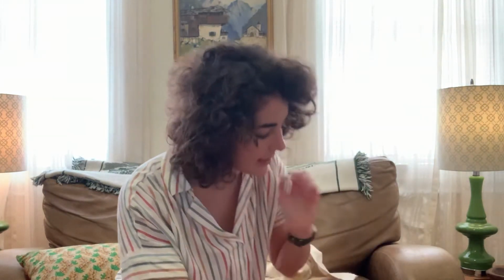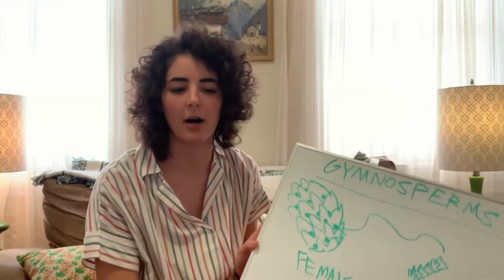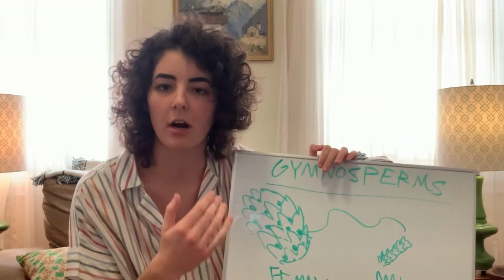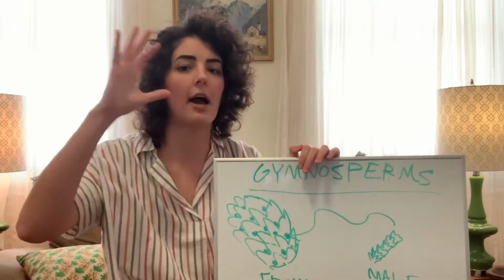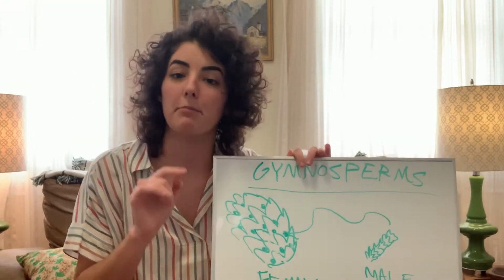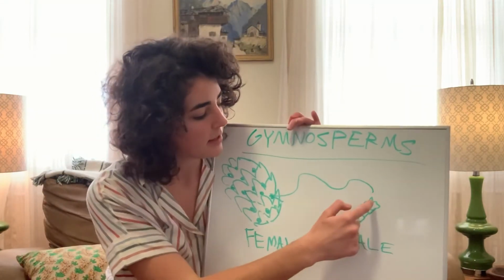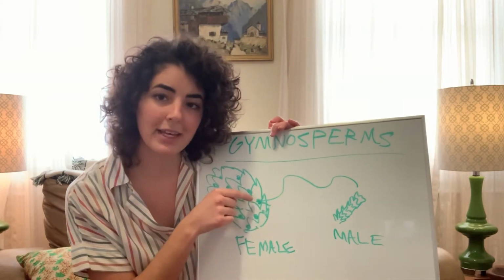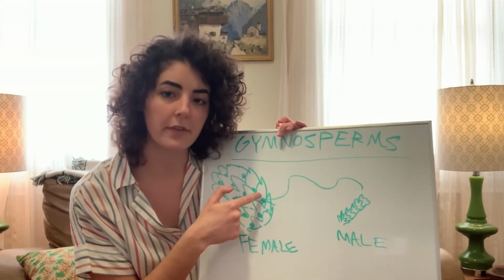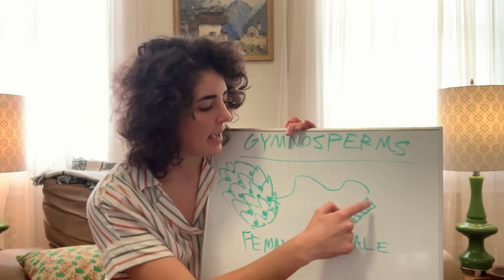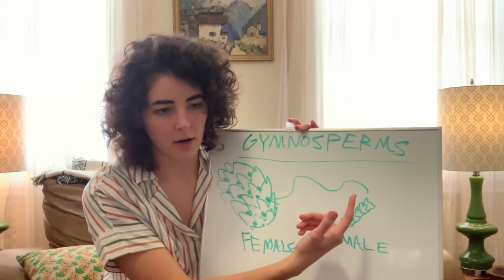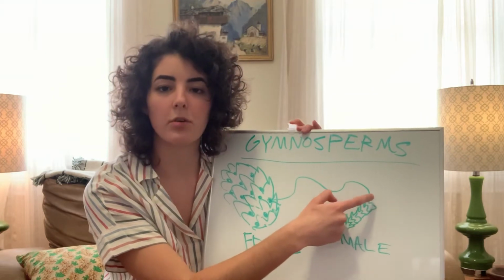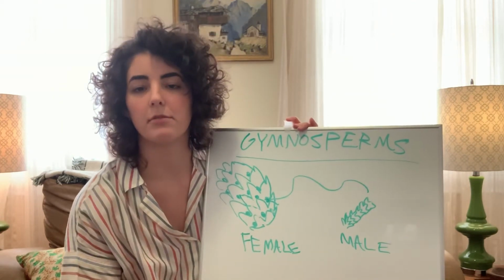So again, the pine tree itself, the conifer, the tree, or whatever itself, is the sporophyte. So the entire plant is the sporophyte. The gametophytes are only teeny structures like the ovules on the outside of the female cone, and the male structure that creates pollen, which is on the end of the male cone.